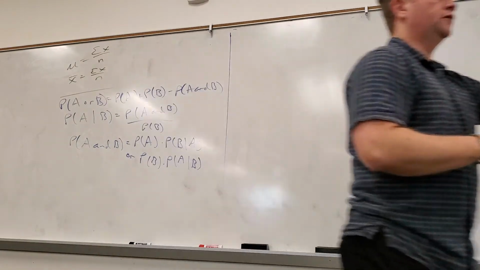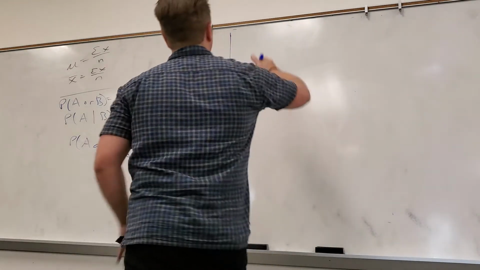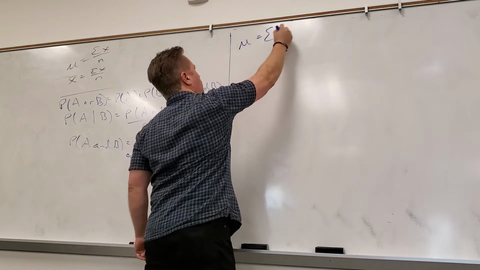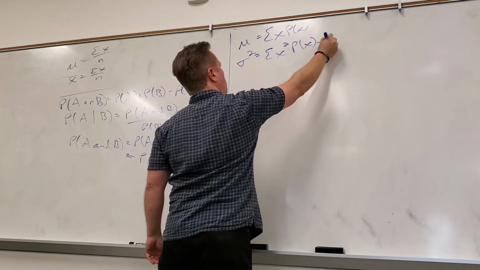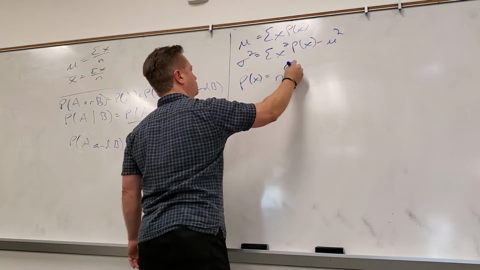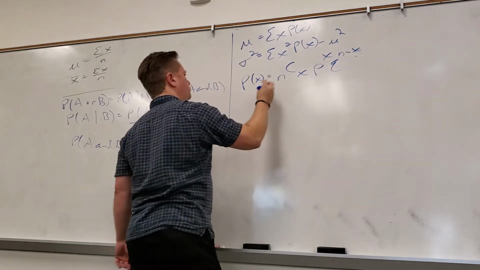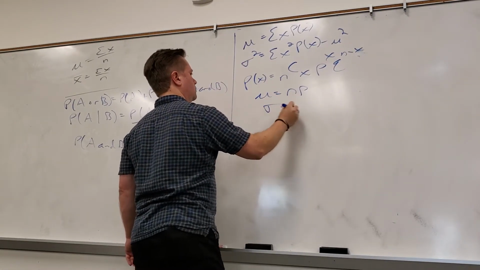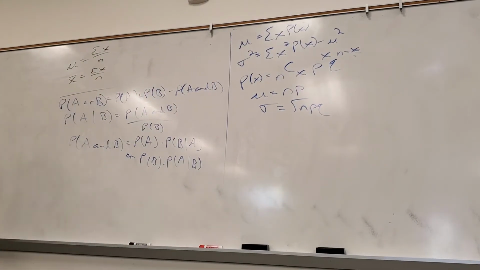Then we get to chapter 4, which is the expected value of X business and the binomial stuff. So that's all chapter 4.